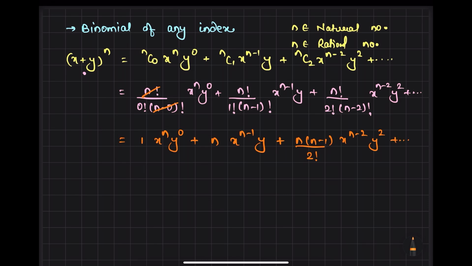Dot dot dot. Now look at this. Suppose from this step directly I wrote this, then what do you think? Is this correct or wrong? This time it is correct because I have followed this.